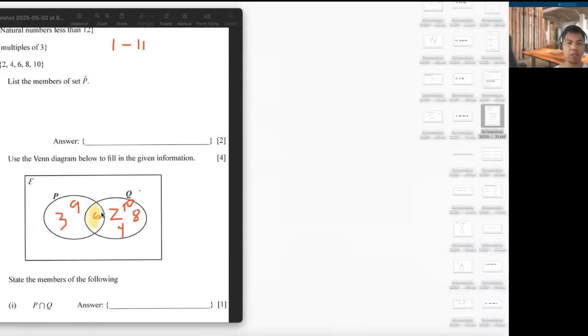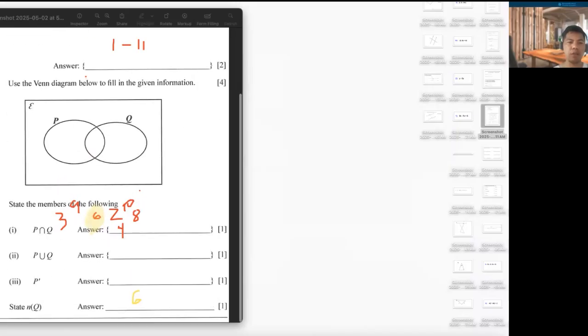Now let's have the union. I don't forget what this symbol means because it looks like a letter U. That's union. You know what the union is? That's all the elements that can be found in P and Q.